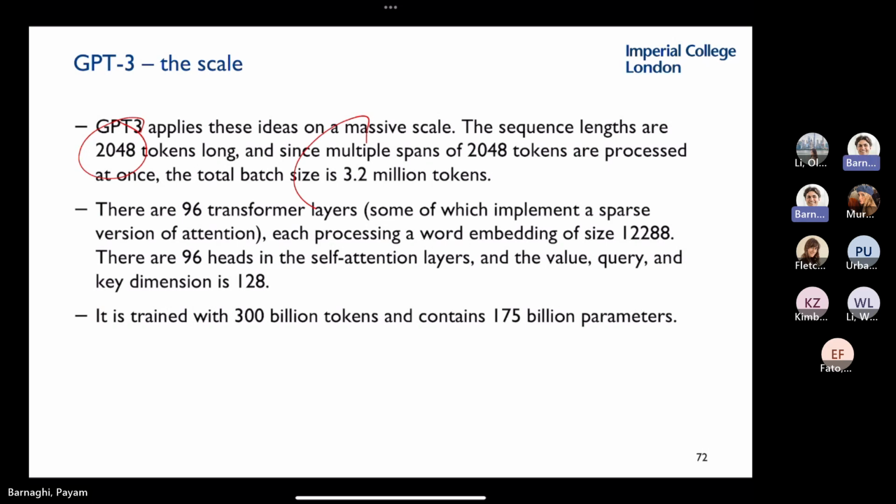Each batch you give 3.2 million tokens, and it has 96 transformer layers. Each transformer has 96 heads, and the query key dimensions are 128.